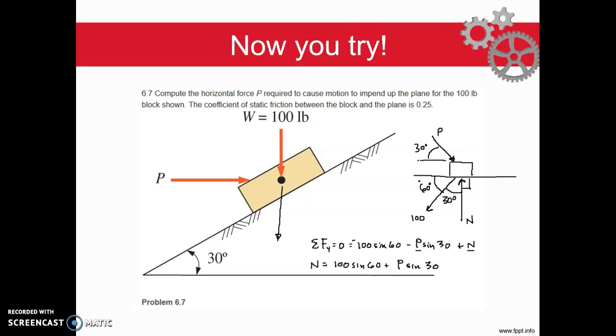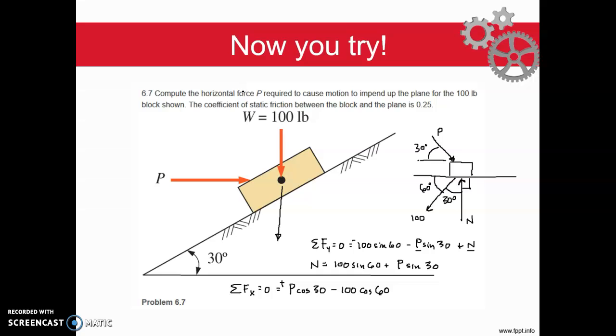Now if we look in the horizontal direction, the sum of forces in the x direction will also equal 0. What are the forces in the x direction? We have P cosine of 30, and that's in the positive direction to the right. And we have minus 100 cosine of 60.